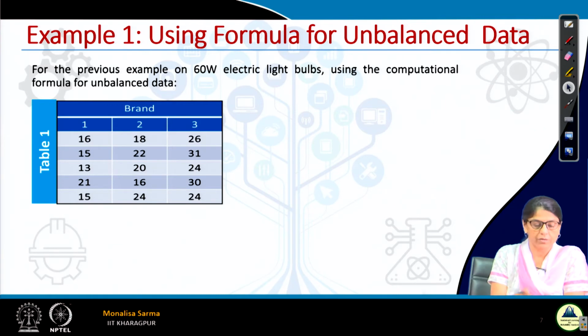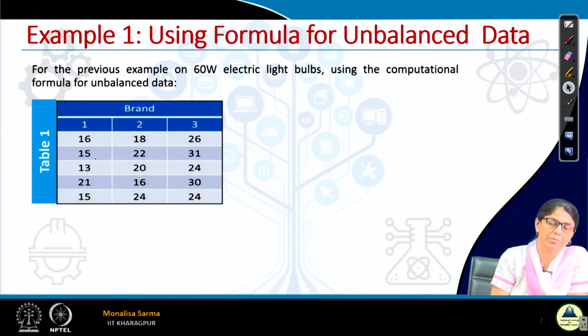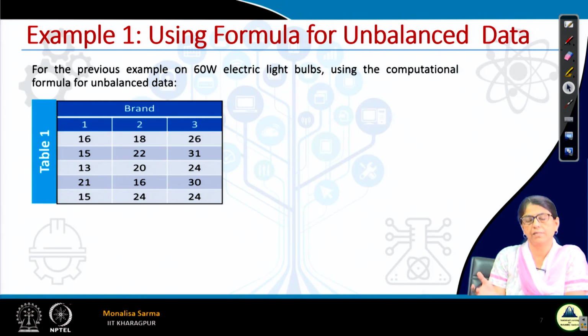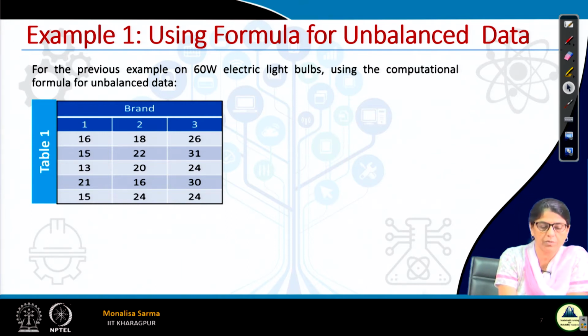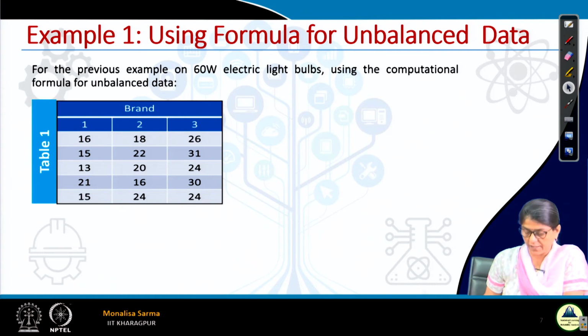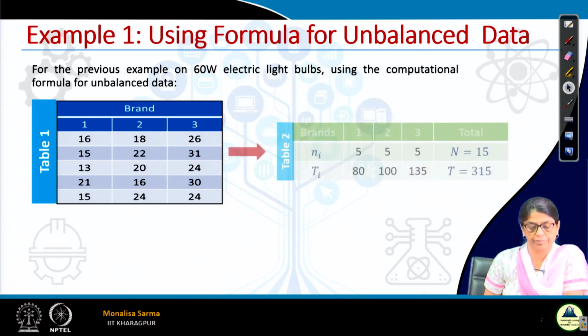Now though this is balanced because the sample size is the same, when it is balanced or unbalanced you can use the formula for unbalanced, but for unbalanced you cannot use the formula for balanced because their n changes, isn't it. So now we will do the same problem of the 60 watt electric bulb using the unbalanced formula. We will see whether we get the same results or not.